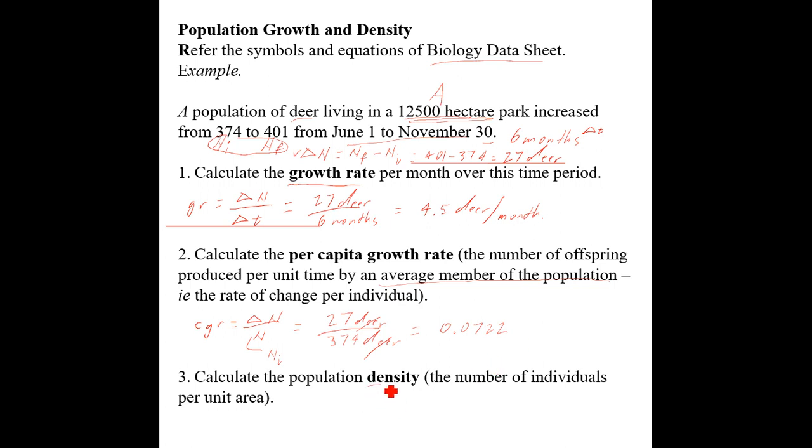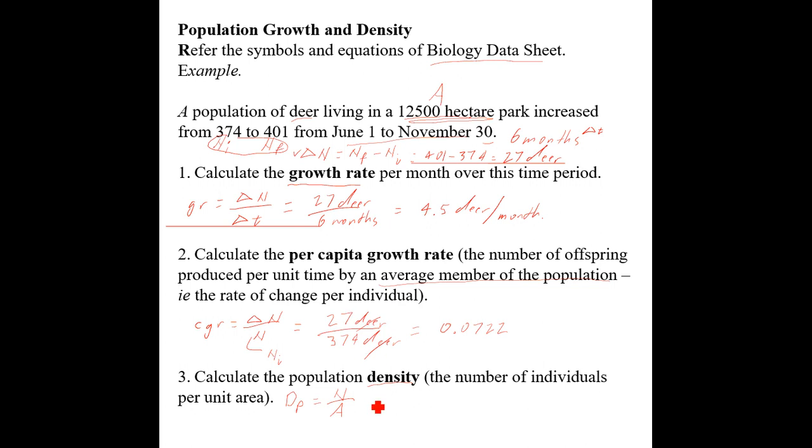And the last one is for density. Here we're talking about area rather than volume. So the density, dP, density of the population, and it's going to be the number of individuals. In the question, they would specify, are they talking about the initial population density or the final population density?